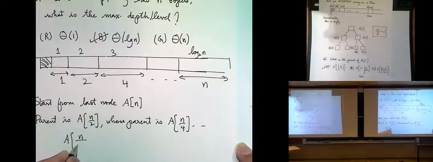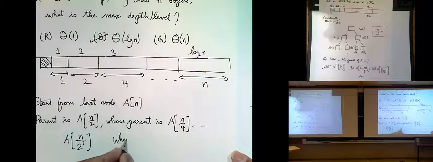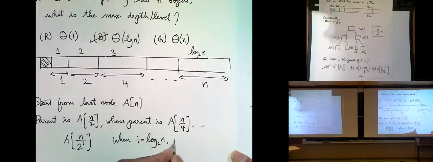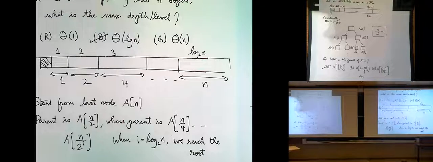And so when you go up i levels, your index is n over 2 to the i. So when i is equal to log base 2 of n, we reach the root. Okay?